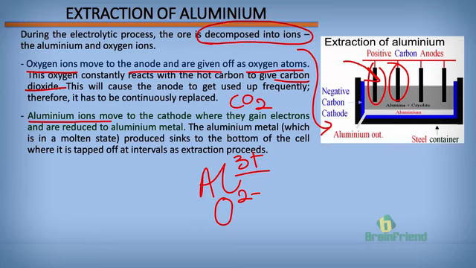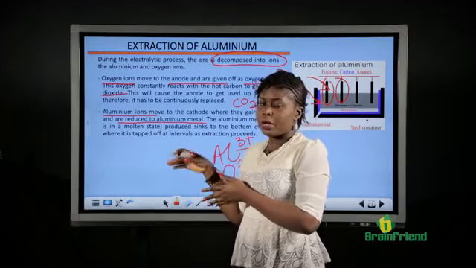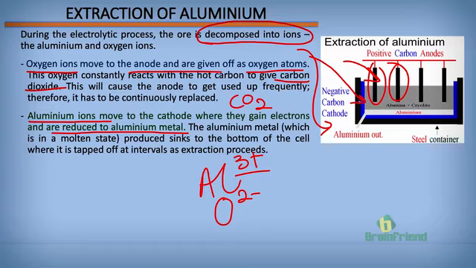Now, at the cathode, the aluminium ions will move to the cathode. All right? So we'll have the ions coming to the cathode. They are going to gain electrons to become reduced to what? Aluminium metal. So what happens at the cathode is a reduction reaction, while what happens at the anode is an oxidation reaction. All right? So the aluminium ion gets reduced to aluminium metal. Now, this aluminium metal is, of course, in a molten state, somewhat in a liquid state, right?